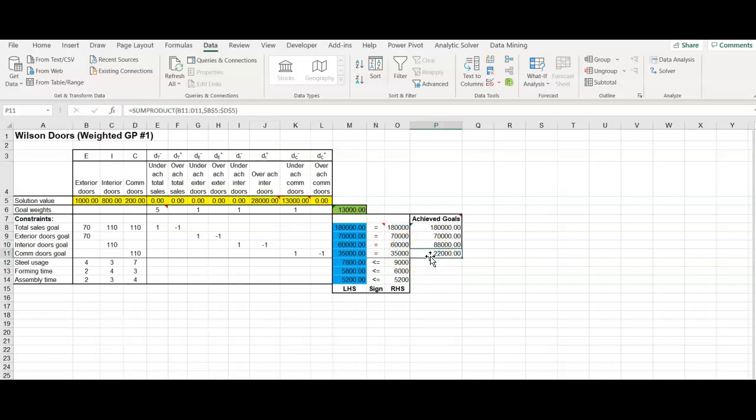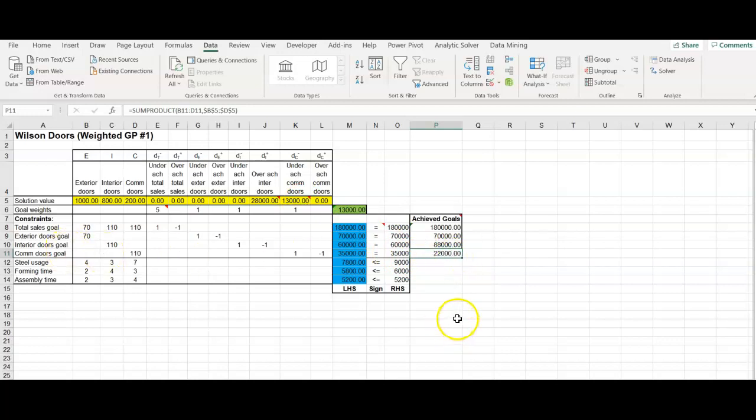And finally, goal number 4 has been unmet because we did not achieve our 35,000 goal. Instead, we underachieved it by 13,000 by making only 22,000 in revenue from commercial doors.